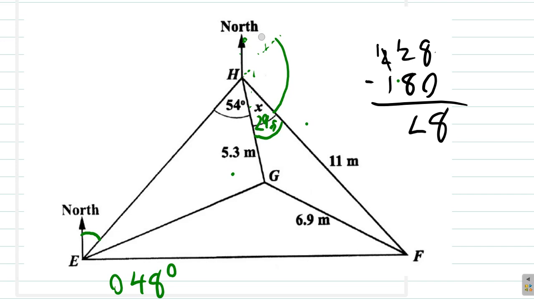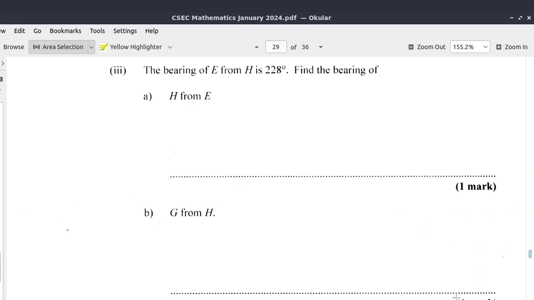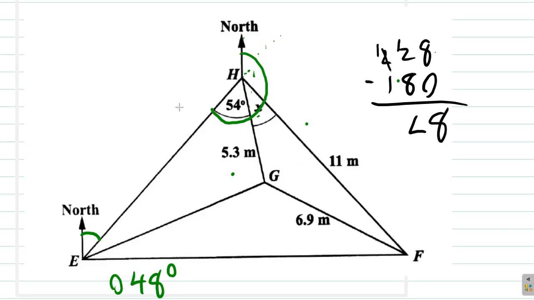We had the 228 going all the way around. That was the bearing of E from H. Good. Then we back off 54 from this. Oh, yeah, that's it. Why did I go into all of those other things?